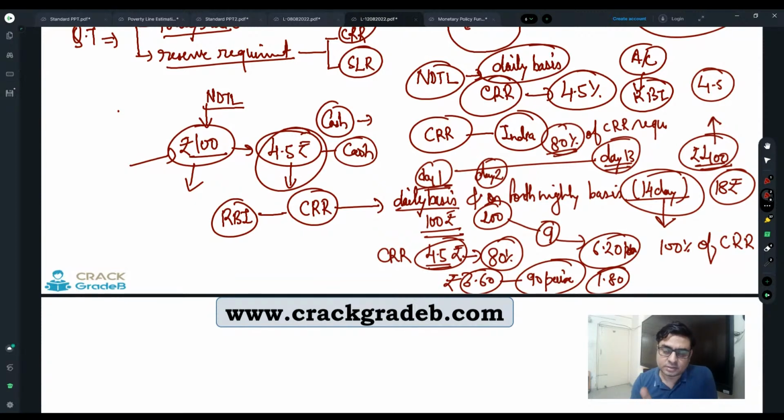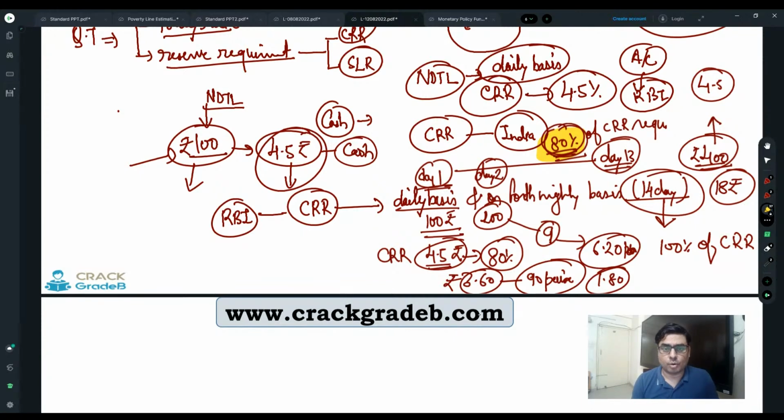So this is what banks are getting from the Reserve Bank. But remember that I have given you the example of 80%, but it is completely the wish of, and depends upon, the Reserve Bank of India.